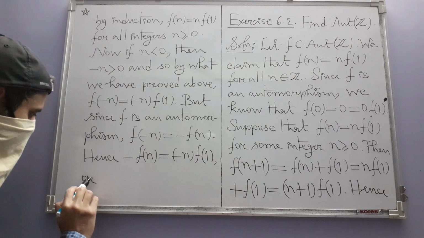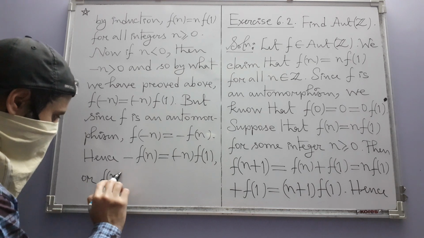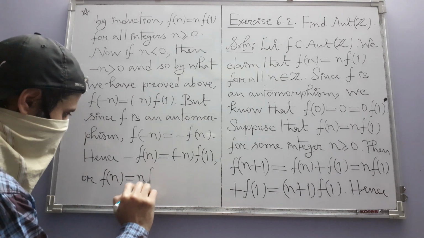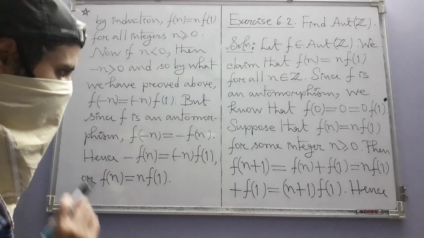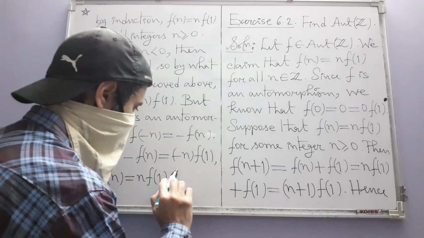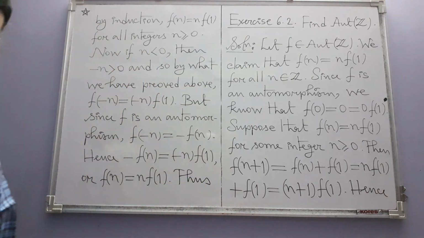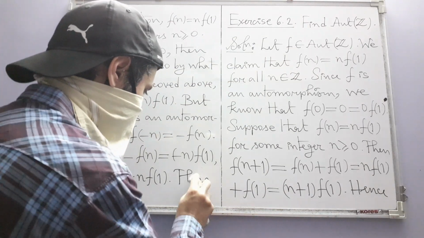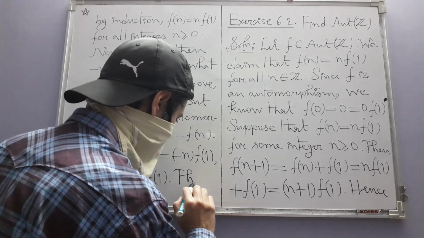Multiplying on both sides by minus 1, we get this. So that means even when n is a negative integer, our claim still holds. Thus, this proves our claim.